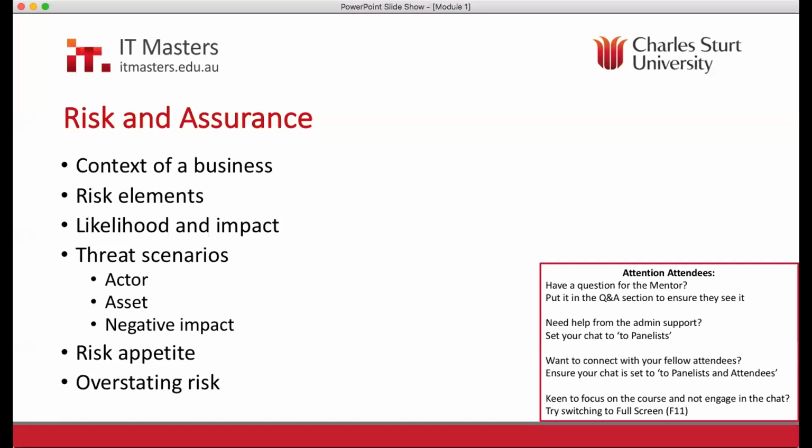It has three main factors: an actor, an asset, and a negative impact, right? So you might have: a malicious external attacker gains unauthorized access to the customer database. That simple sentence will send chills down the business leaders in a business context, right?